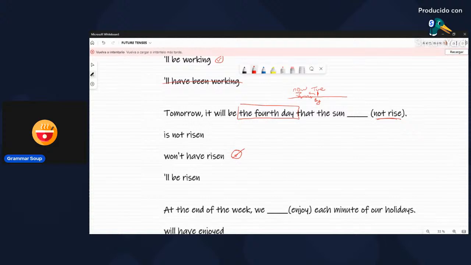So this is the correct answer. This is present simple in the passive voice, and this one is not possible, because it's asking us for a negative sentence, not an affirmative sentence.